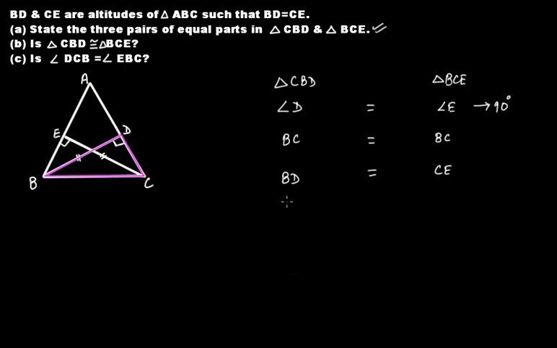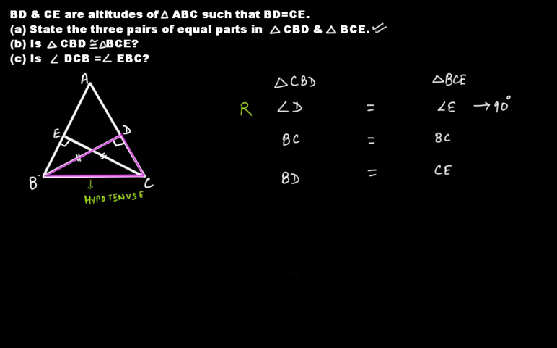Now, you can see here, two right angles of two different triangles are equal, that is R. BC is actually what? Is the hypotenuse for both the triangles, right? And why is it the hypotenuse? Because in triangle CBD, angle D is at right angle and the side opposite to angle D is BC.